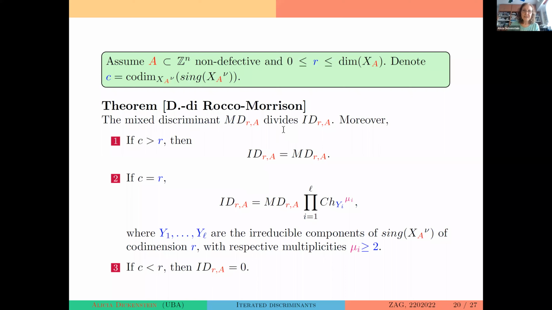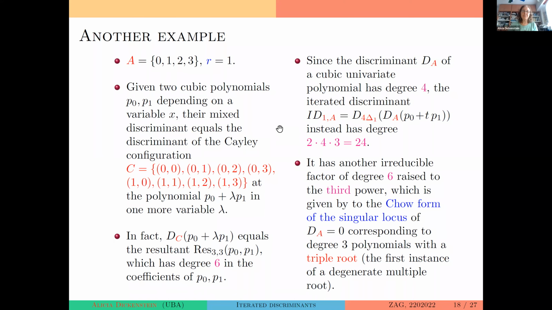Sorry. And so I have another example. This is also an easy example. We are again in one variable. The exponents are 0, 1, 2, 3. So this is the family of cubic polynomials in one variable. Given two cubic polynomials depending on a variable x, their mixed discriminant equals the discriminant of the Cayley configuration. The Cayley configuration is, again, you put 0, 1, 2, 3 at level 0 and 0, 1, 2, 3 at level 1.